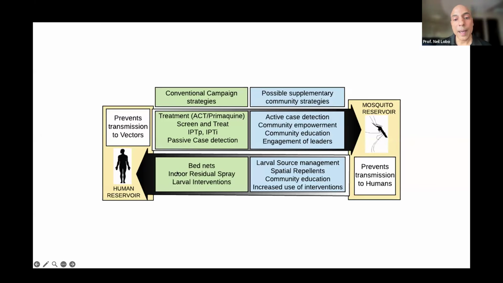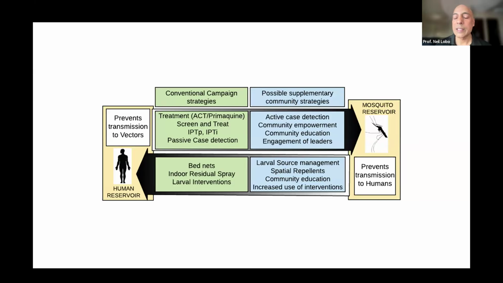It's a huge impact. Community can have a huge impact on larval source management because they know their areas, they know where their larval sites are. Education on specific interventions, all these can hugely impact how effective interventions are against malaria.